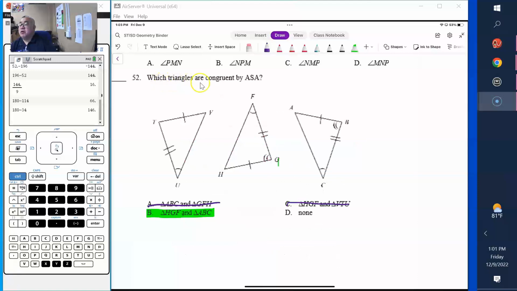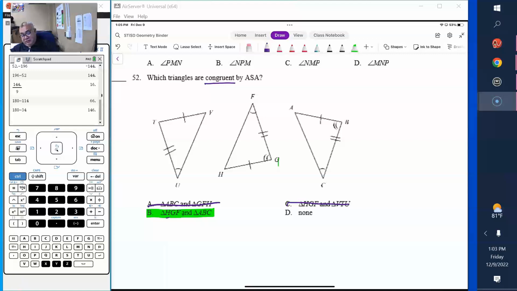Which triangles are congruent by ASA, or angle side angle? The key word is congruent. So they need a corresponding angle congruent, a corresponding side, and a corresponding angle. Now if I look at H, and I look at A, the only one that has corresponding angles is triangle HGF and triangle ABC.